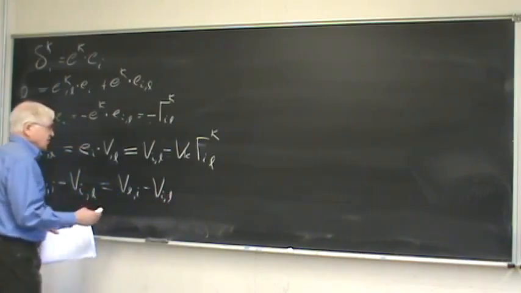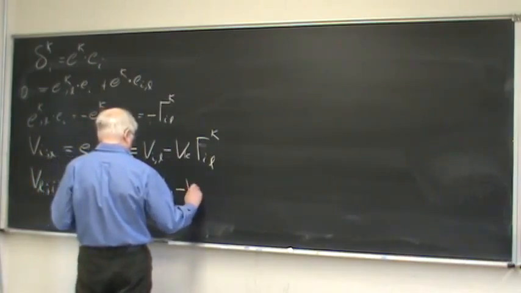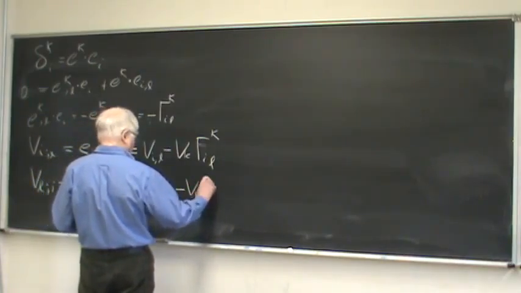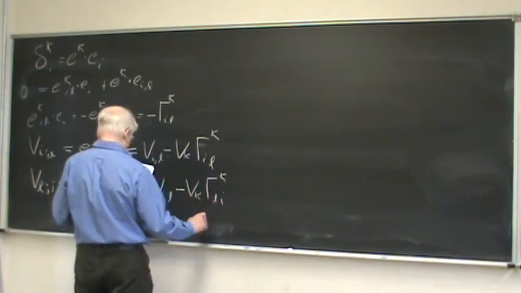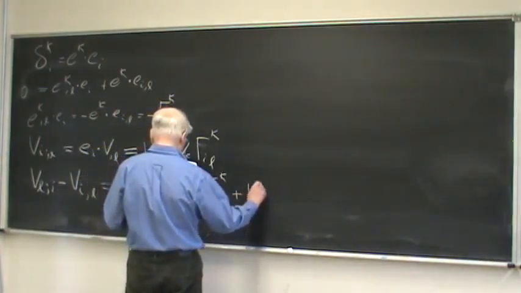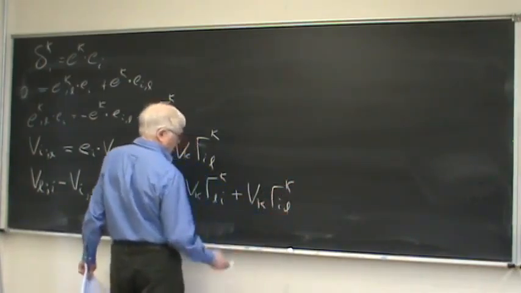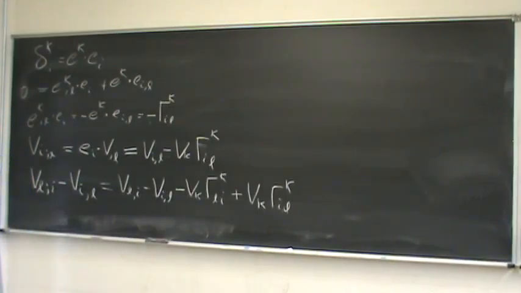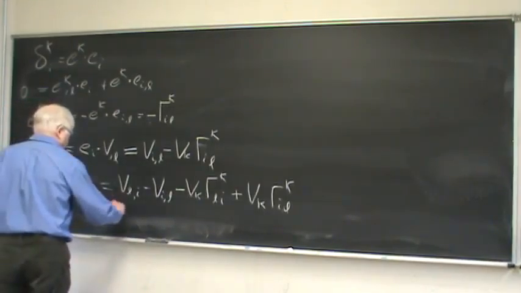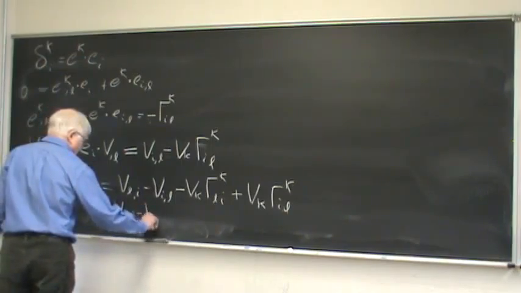And then the two other components are minus v_k gamma^k_Li, and then plus v_k gamma^k_iL. Well, of course, these two are the same, and so that cancels. And so it's just the ordinary curl, or the ordinary antisymmetric derivative.